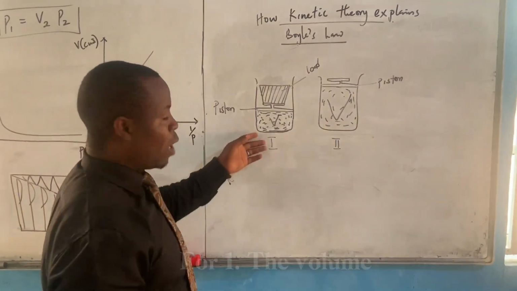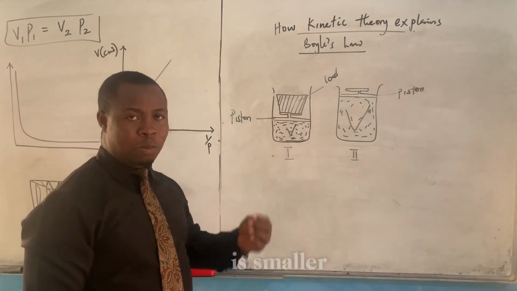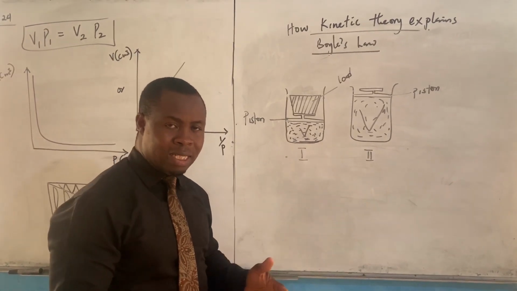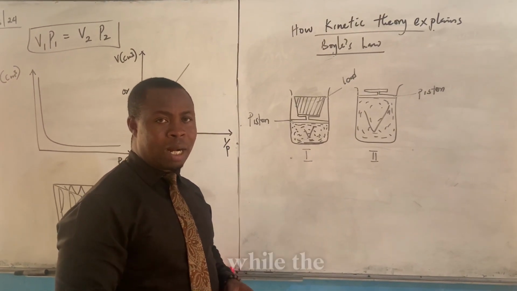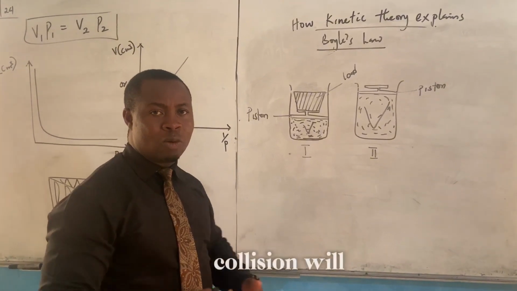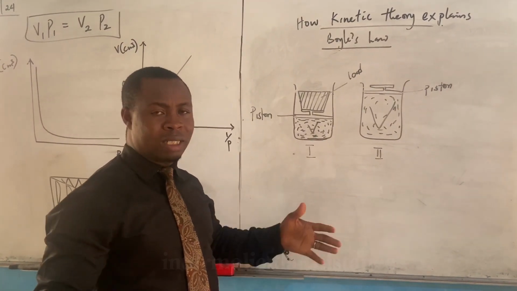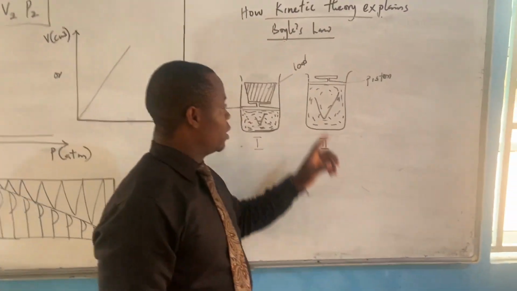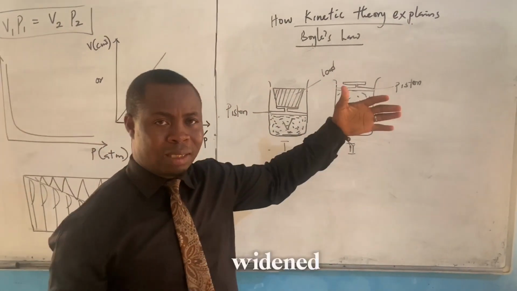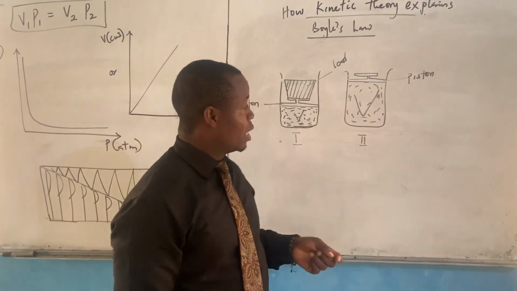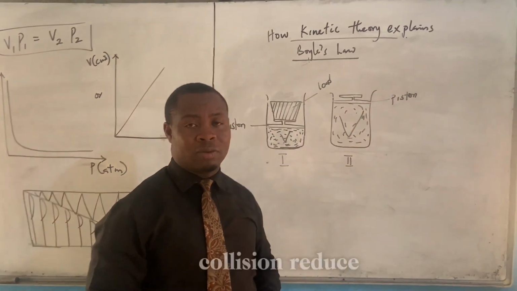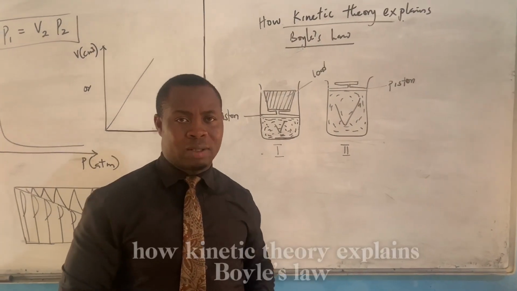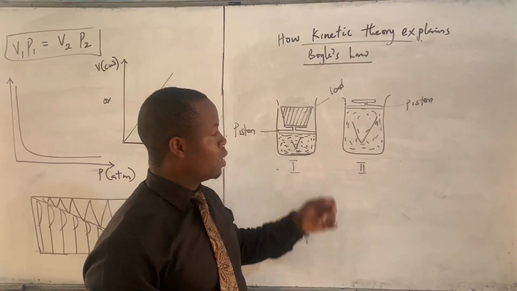So for 1, the volume is smaller, the intermolecular distance between the gaseous particles is decreased, while the frequency of collision will increase because the intermolecular distance has been reduced. But here, the intermolecular distance is widening because the load is removed, and the frequency of collision reduces. So that is exactly how kinetic theory explains Boyle's law.